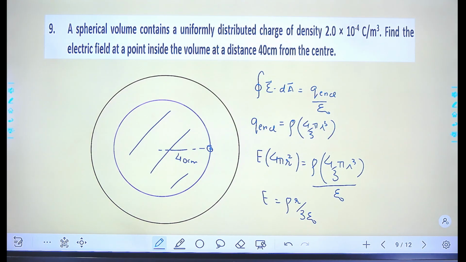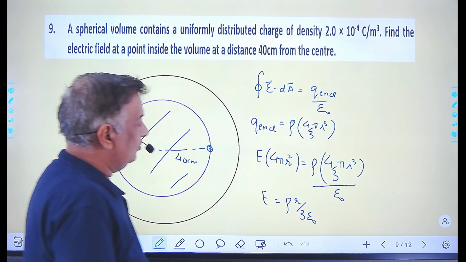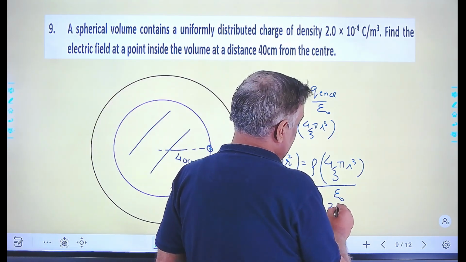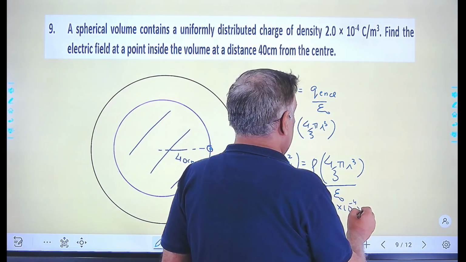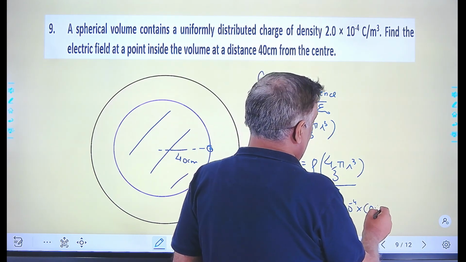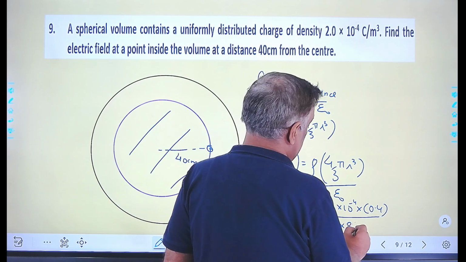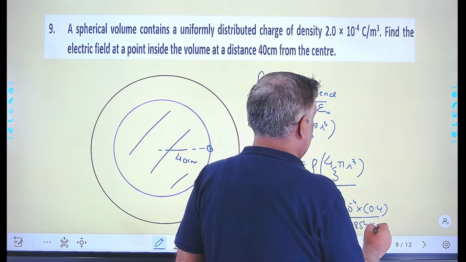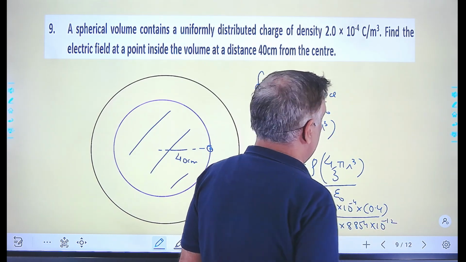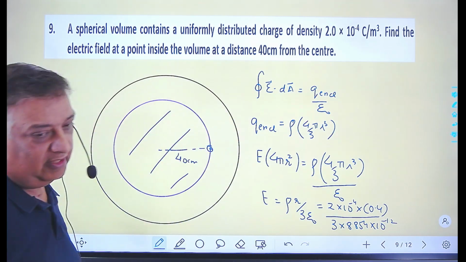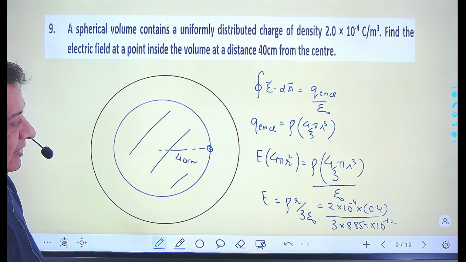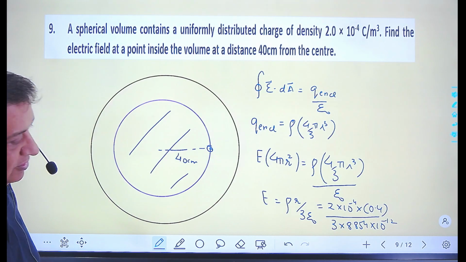Rho given है हमें क्वेश्चन में, rho is 2 into 10 to the power minus 4. R is 40 centimeters, so 0.4 meter. Epsilon naught is 8.85 into 10 to the power minus 12, so इसको solve कर लोगे तो you will get the answer. The electric field inside a charge distribution.